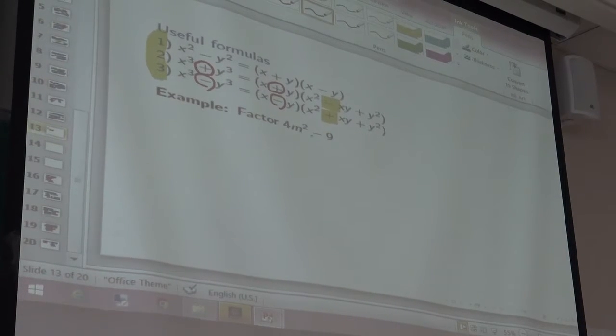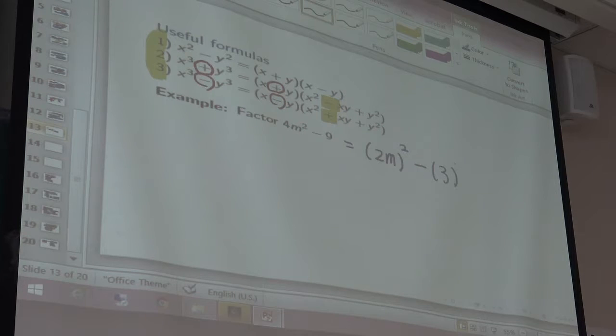Now let's do the factorization. We have 4m squared minus 9. So we may have to use one of these. 4m squared is the same as 2m quantity squared, and 9 is the same as 3 squared. So we have something squared minus something squared, right?